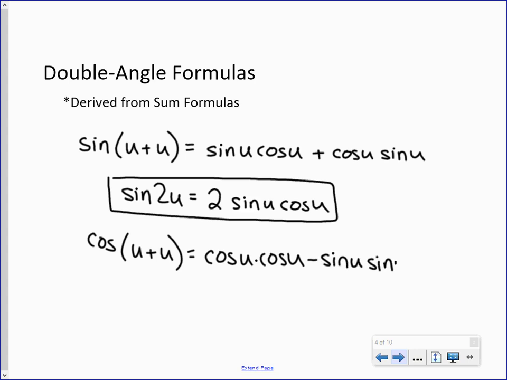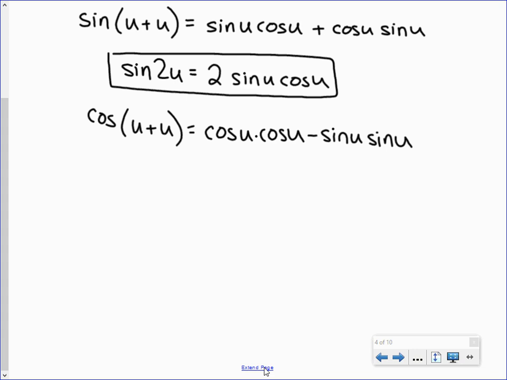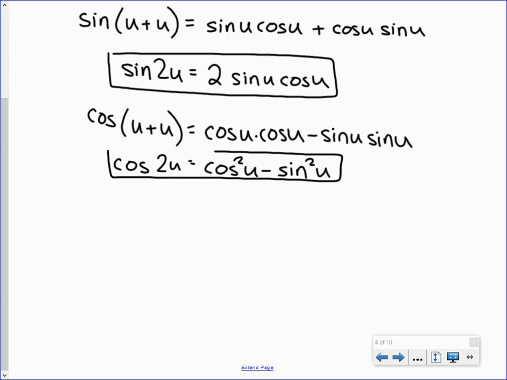Sine u times sine u. Well, we could simplify that a little bit. Cosine u times cosine u could be written as cosine squared u, and then minus sine squared u. Seems kind of reminiscent of your Pythagorean identity, but it's not sine squared plus cosine squared, so it's not equal to 1. It's equal to the cosine of 2u. So that's another formula.